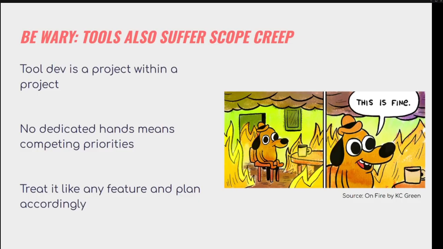Or this tool should also cover this domain, because they, quote unquote, fall under the same domain problem or whatever, right? It's very easy to grow, especially as you become engaged with what you're doing and you're satisfied and happy with it. Be very wary of it, because it means neglecting other priorities, and it can end up impacting delivery time for the rest of your team.